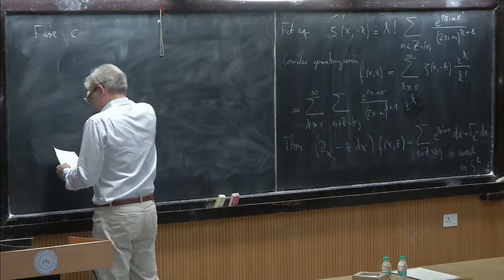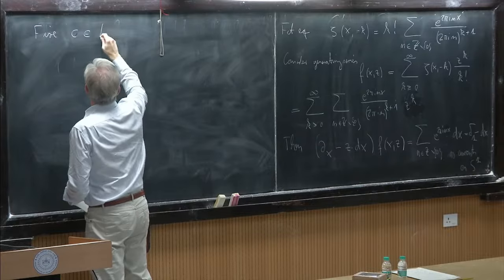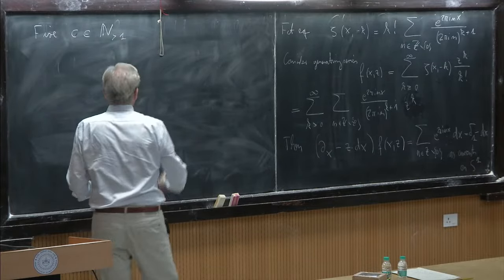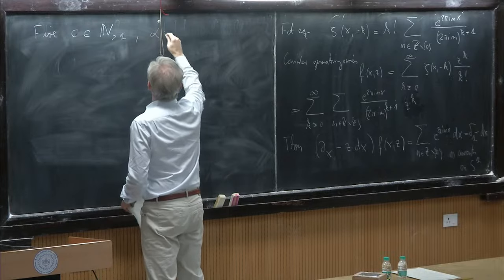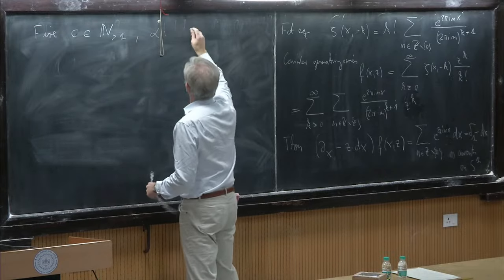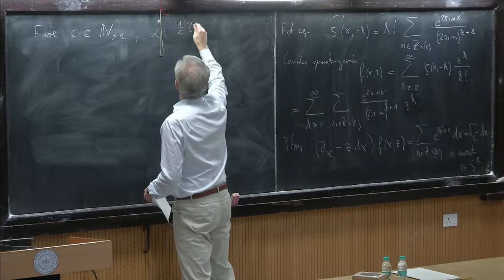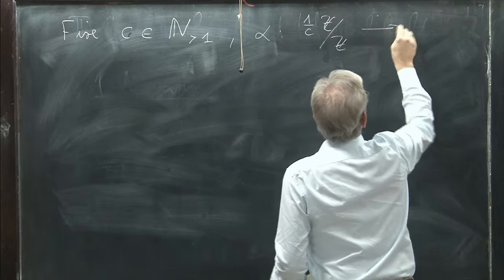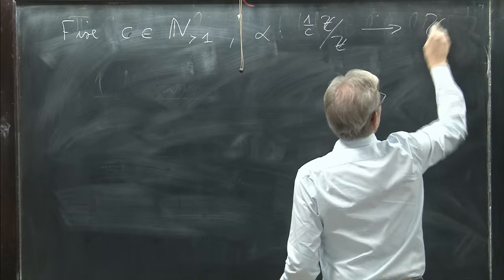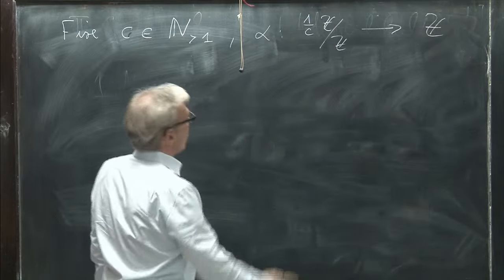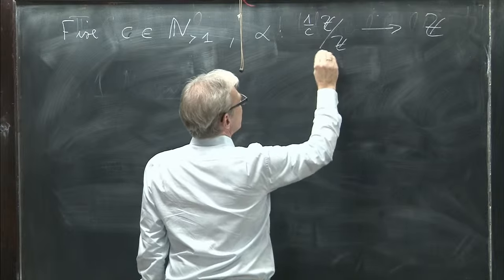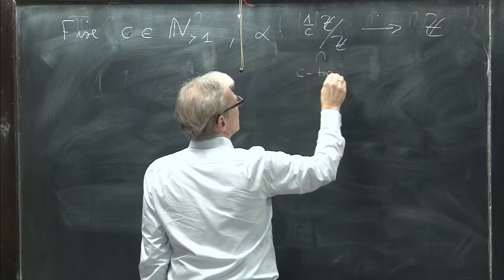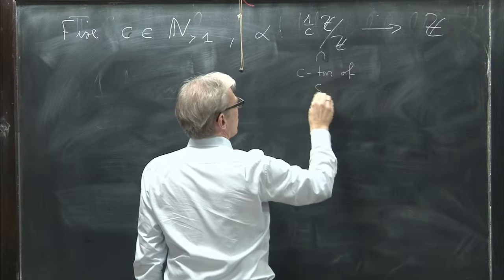We fix an auxiliary integer, which is bigger than 1, let's call it c. And we fix also a certain function on 1 over c divided by z to z. Observe this here. This is the c torsion part, torsion of the circle.